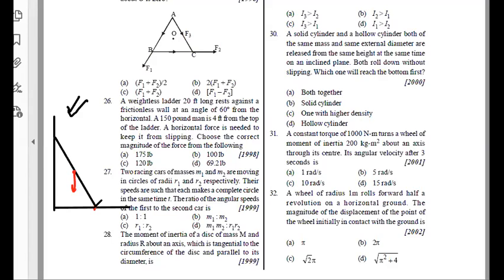Yes or no? Got it? So we just have to balance the torque. Clear? Yes, the correct answer is D. We solved it, okay, just balance the torque. Yes, Manoj, D. Very good. The answer is D.